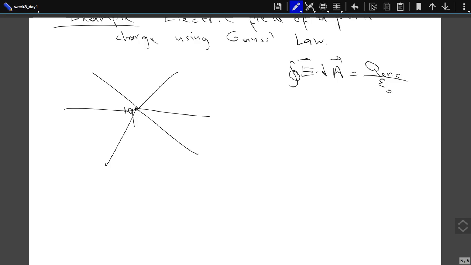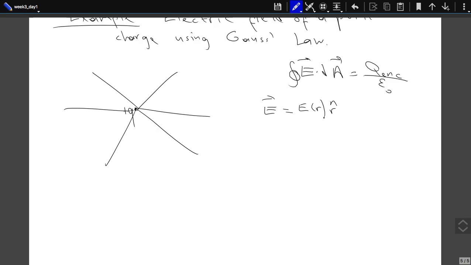Now, this tells me that, one thing, the electric field should be in the radial direction. Secondly, the magnitude of the electric field can only depend on the distance from my charge. It cannot depend on anything else. It cannot depend on the orientation relative to my point charge, because I cannot really talk about the orientation. I cannot measure it without some other reference point, which doesn't exist.